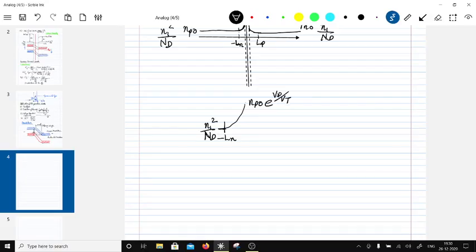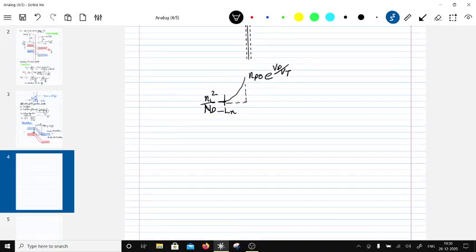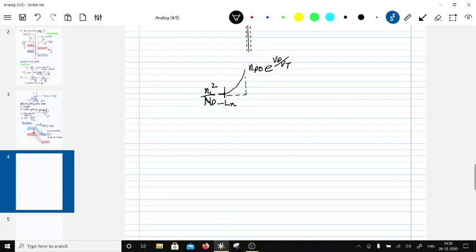Okay, so this is a Fermi-Dirac relationship, right? So let us find out the slope. Okay, so the current is proportional to this slope of minority carriers, right? So let us find out, so this is going to be electron current, right?